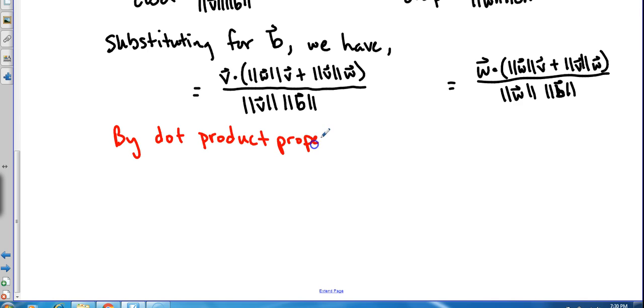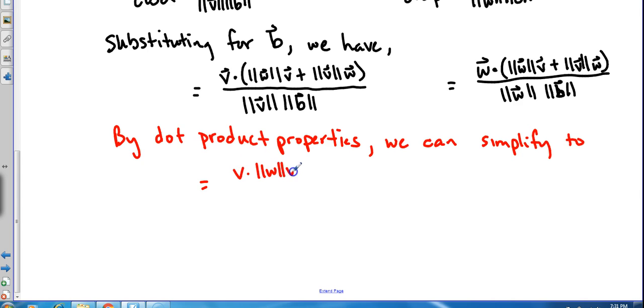So the next step in this is essentially we're going to rearrange this, and we're allowed to do that more or less because dot products are commutative. So by commutativity of the dot product, or in other words, the dot product is commutative, we can rearrange some things.